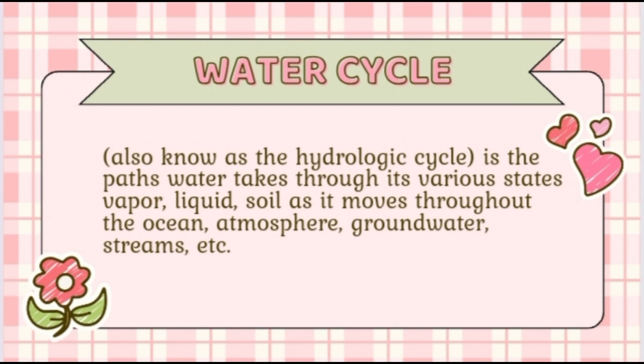So, next is the water cycle, also known as the hydrologic cycle. It is the path water takes through its various states: vapor, liquid, solid, as it moves throughout the ocean, atmosphere, groundwater, streams, etc. The water cycle's energy is supplied by the sun, which drives evaporation, whether it is from the ocean surface or from treetops.